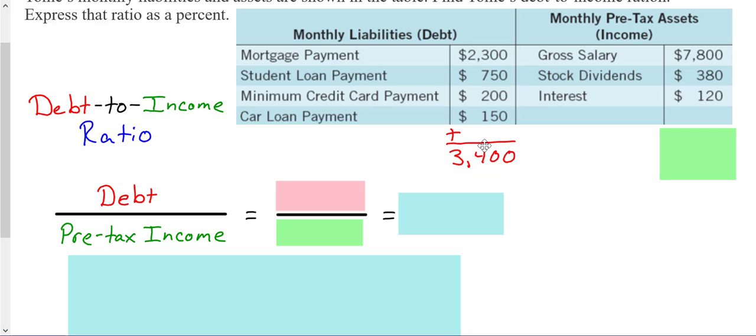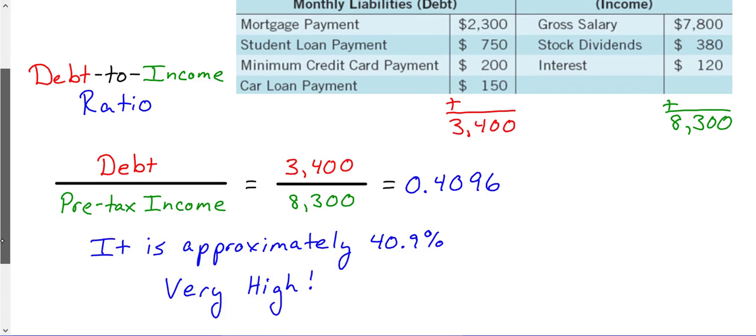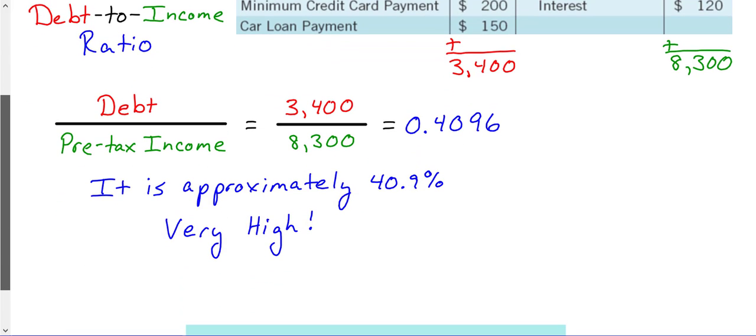So when you add them together, the total debt is $3,400. The total pre-tax income is $8,300. You put them in your ratio with the debt on top and the pre-tax income on the bottom, divide, and it leaves you with 0.4096. So that tells us approximately 40.9% is his debt to income ratio.